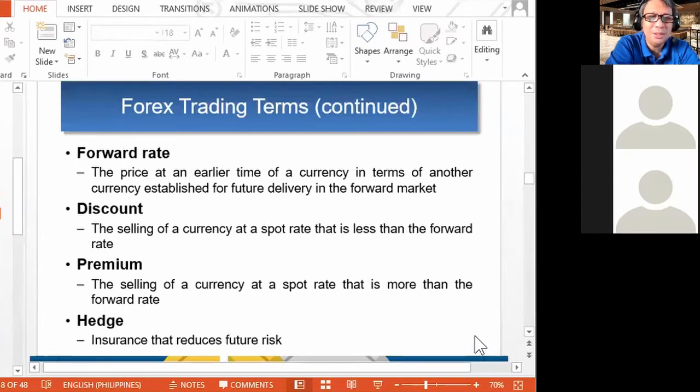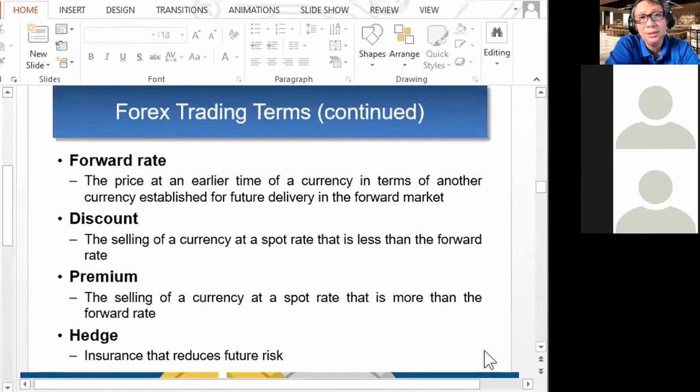For example, if the spot rate today is 45 pesos per US dollar, and after 2 months the forward rate we determine is 46 pesos. 45 ngayon, 46 sa future.